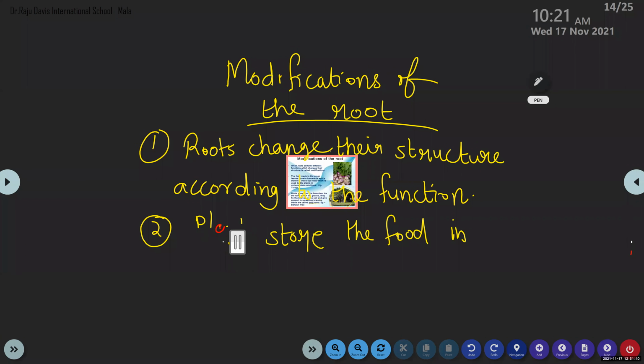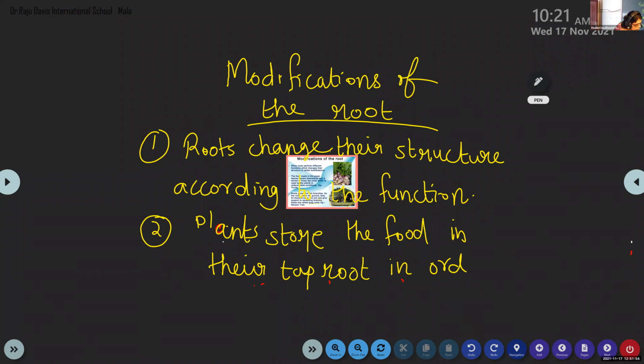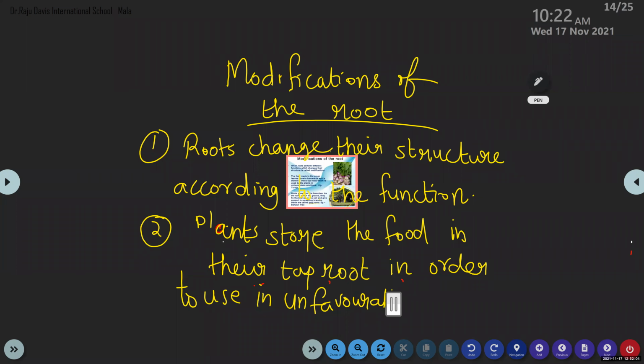Plants store the food in their taproot in order to use in unfavorable conditions.